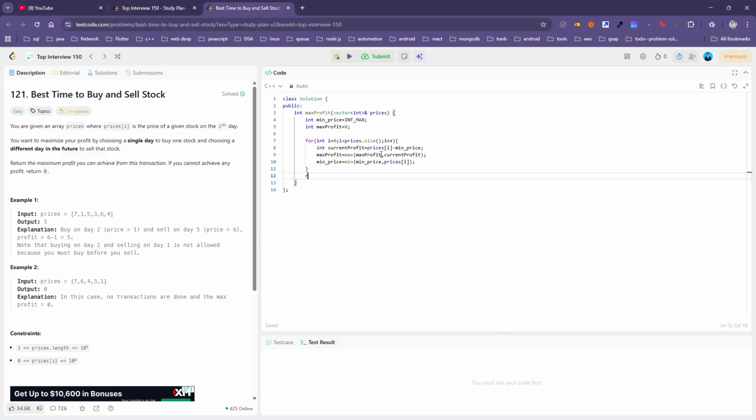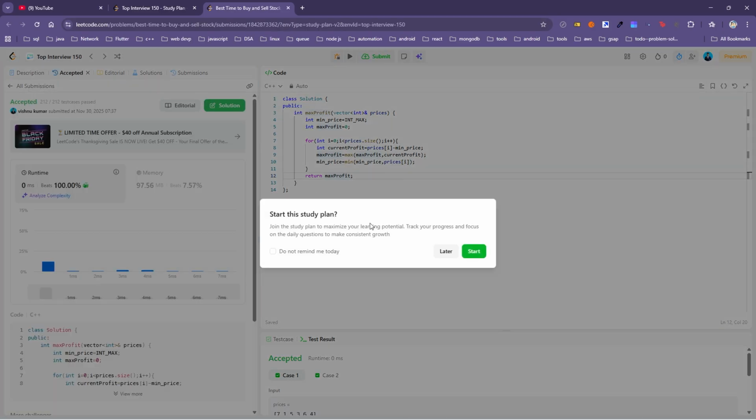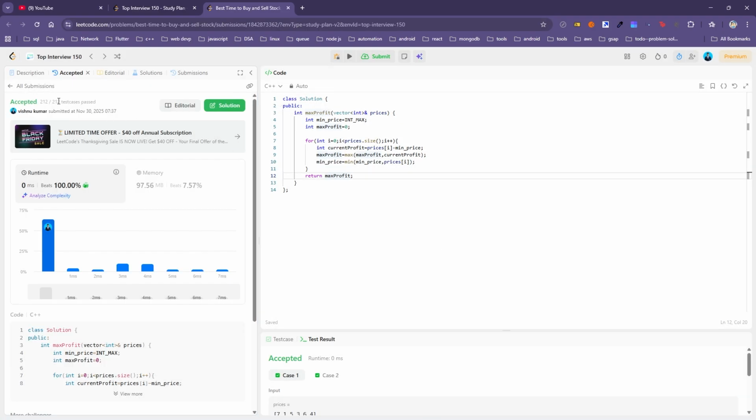So we updated that, and finally we'll return the maximum profit we made, and the maximum profit either will be 0 or less than int max. So we can simply return maximum profit, and we'll submit this, and it should work, and it does. Okay, so that's it.